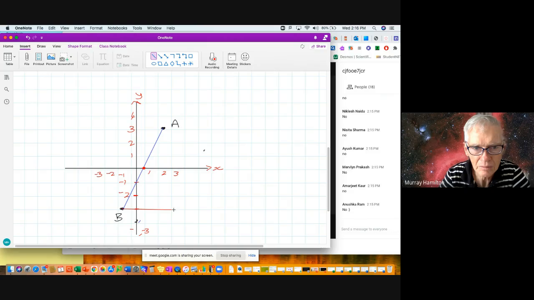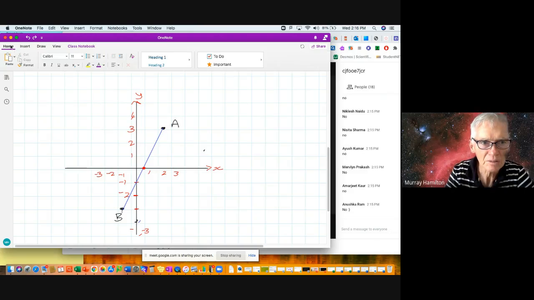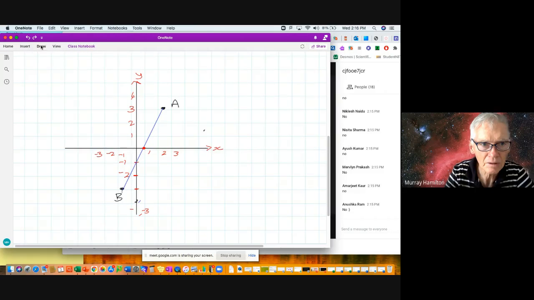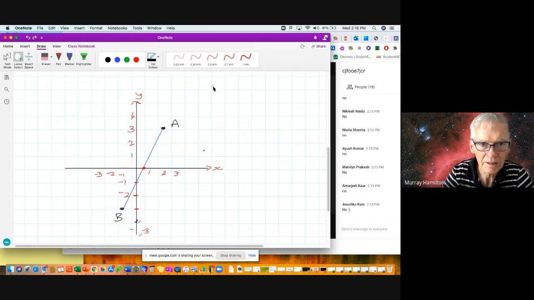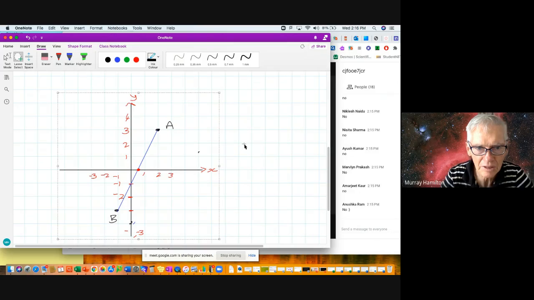Oh, hold on, something shifted. Let's get it lined up with the axes first. Just wait a second while I lasso all this. I haven't got it sitting on the blue lines. If I get it sitting right on the blue lines, it's going to make it a lot easier.